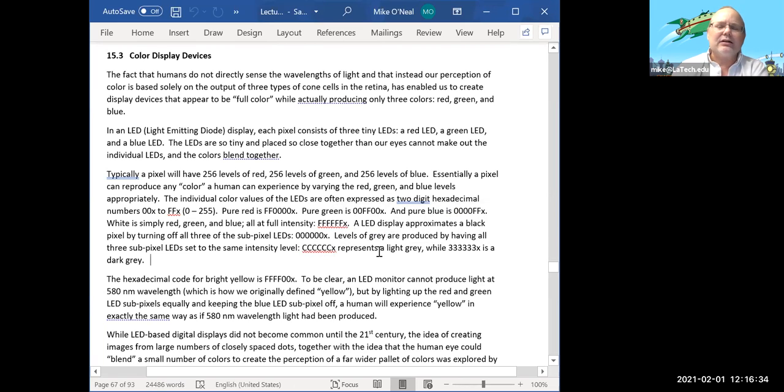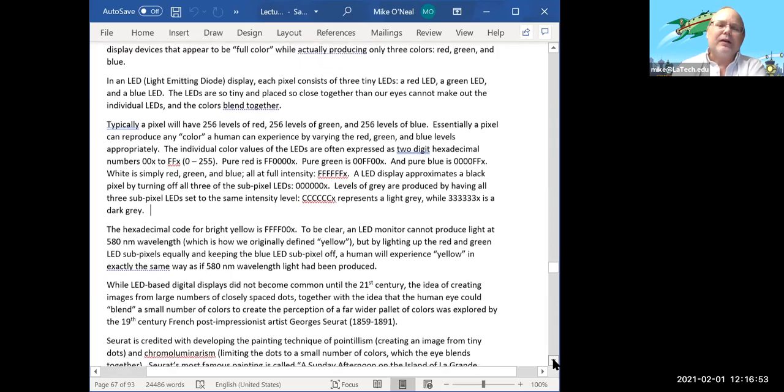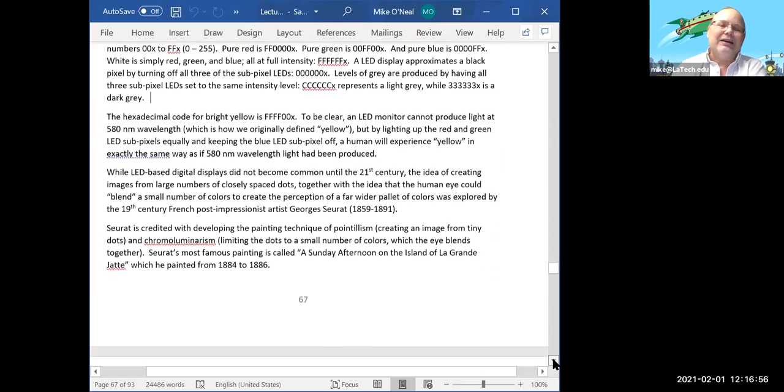Well, white is FFFFFF, everything going at full bore. What about black? Well, you can't actually generate black, but if you turn the pixel off and the pixels around it are bright white, the absence of that bright white, you'll see as black. And that's one of the things: how do you make the blackest blacks? That's a selling point in some displays.